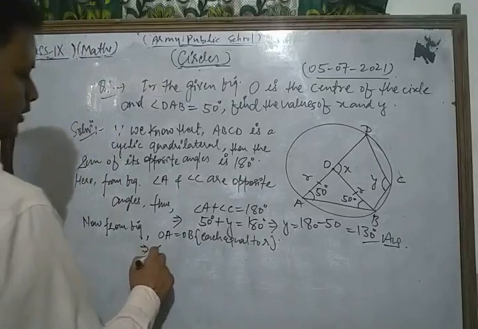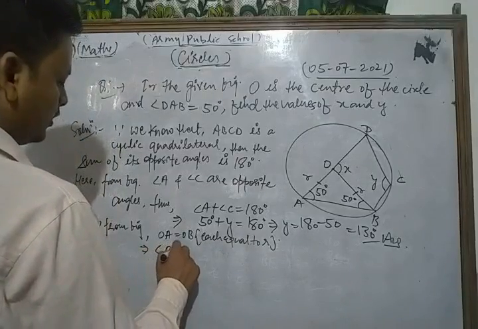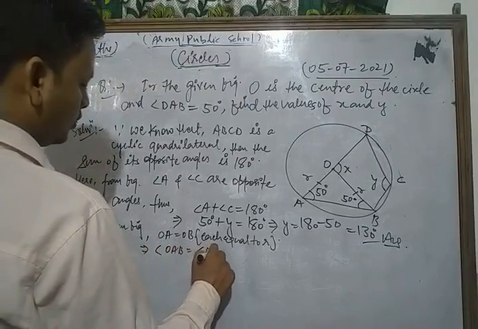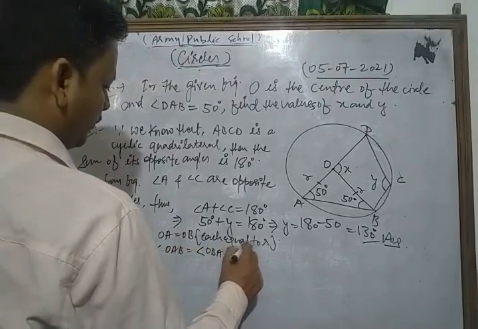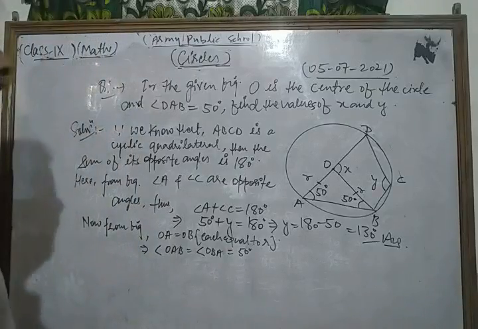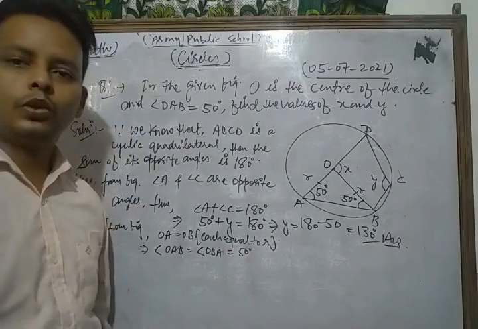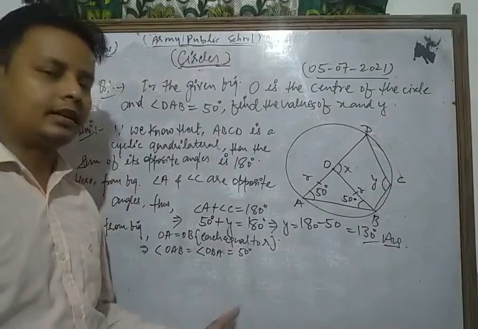That is, angle OAB is the same as angle OBA and each is equal to 50. Thus triangle OAB is an isosceles triangle.